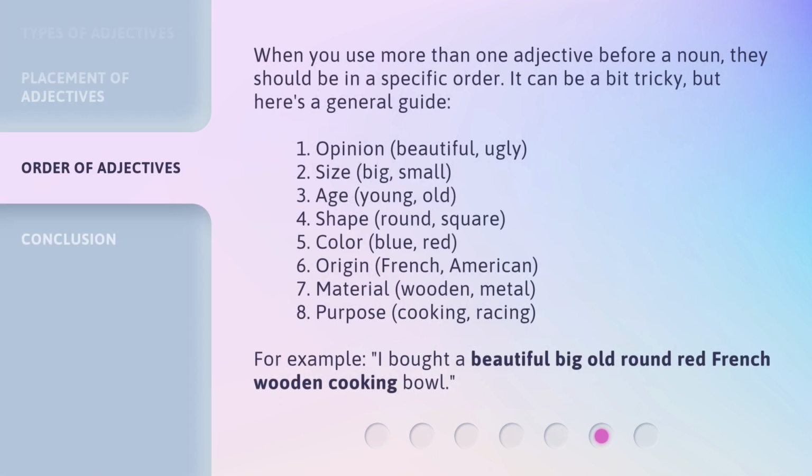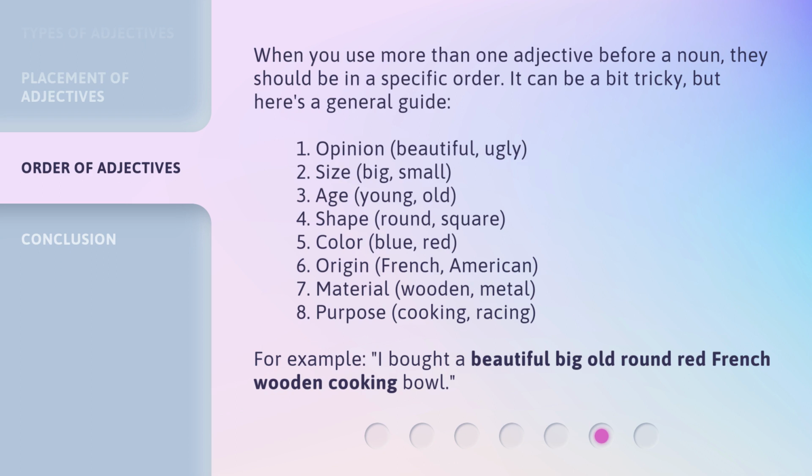When you use more than one adjective before a noun, they should be in a specific order. It can be a bit tricky, but here's a general guide. 1. Opinion, beautiful, ugly. 2. Size, big, small. 3. Age, young, old. 4. Shape, round, square. 5.